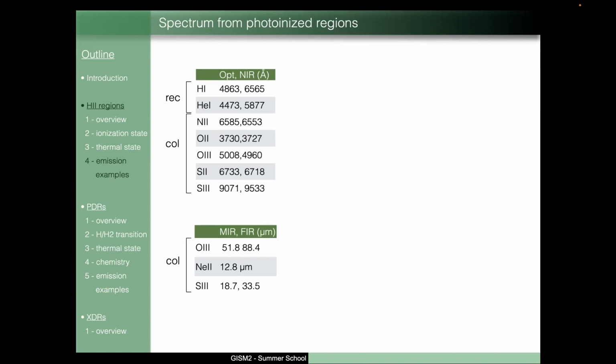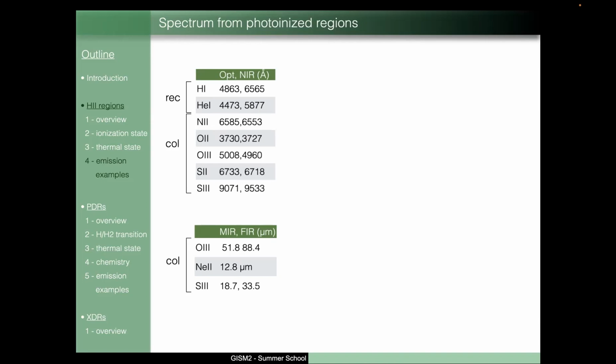This table is a summary of the main emitters at different wavelengths and was taken from Draine. If you look at the optical part of the spectrum, a typical spectrum of an H II region will be completely dominated by two kinds of lines, the recombination lines and the forbidden lines, okay?